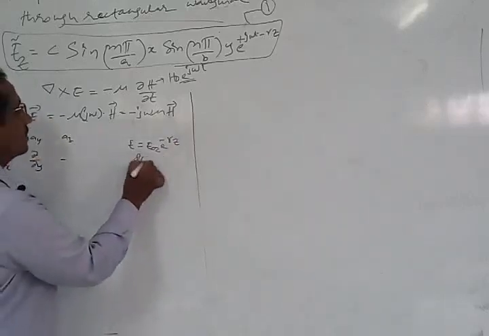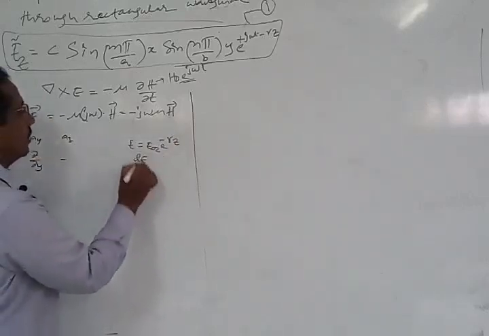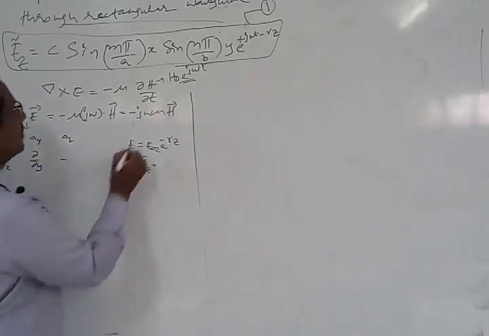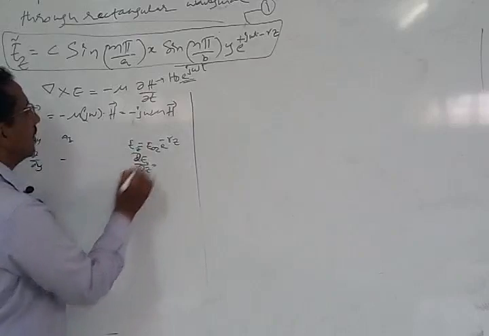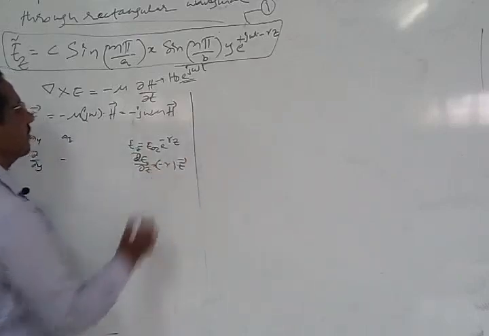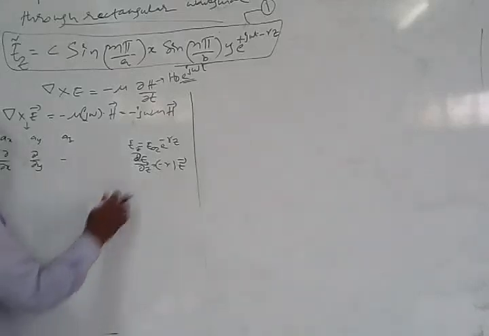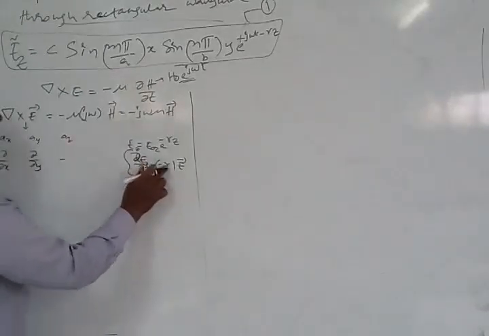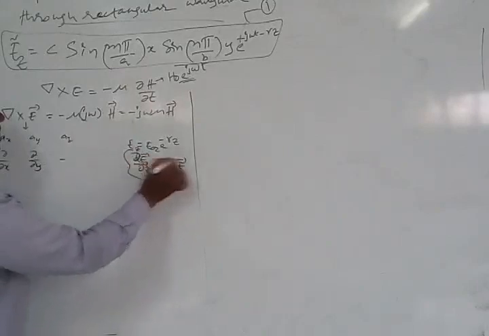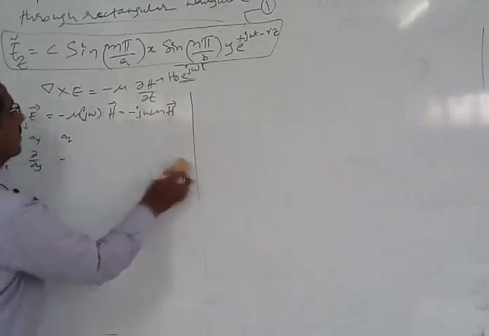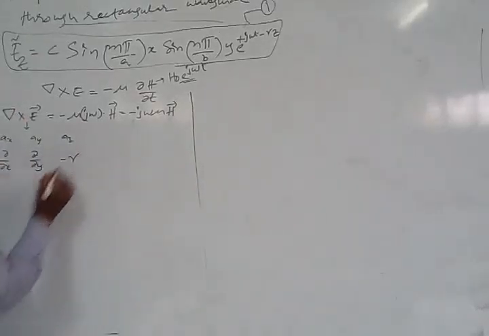So if we differentiate this, dou Ez by dou z is equal to what you can have now. Dou Ez by dou z is equal to minus gamma into Ez. So that means we replace this dou by dou z as minus gamma because either side I am going to have Ez. So therefore I can replace this factor by simply minus gamma, right?